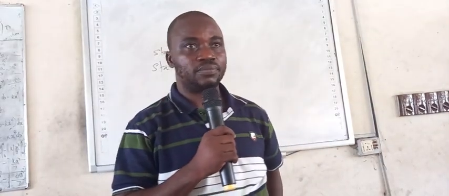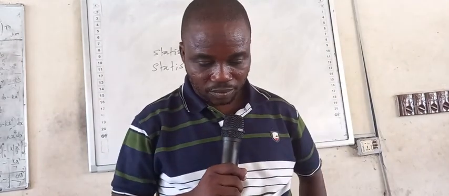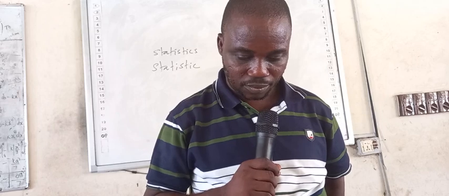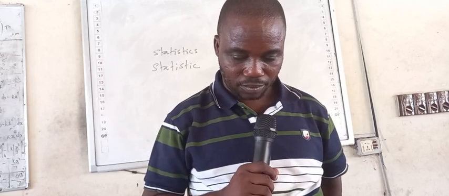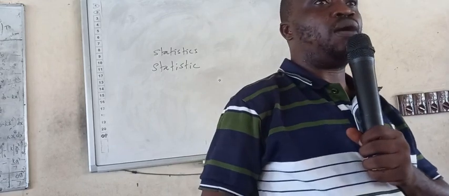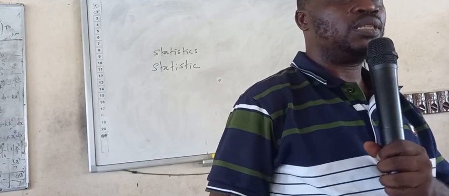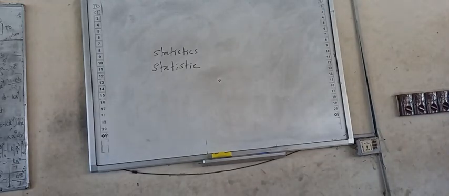Parameter. How will I define parameter accordingly? That one normally summarizes population. Statistic summarizes sample. I don't want to use the word parameter because that's what I want to define.